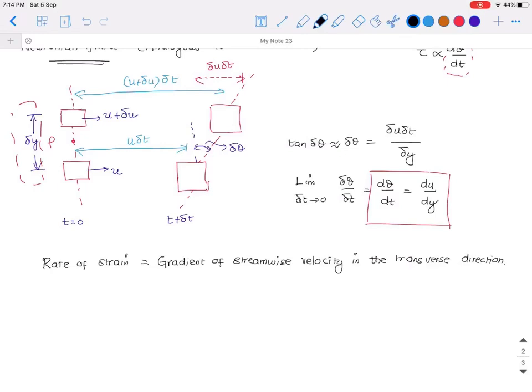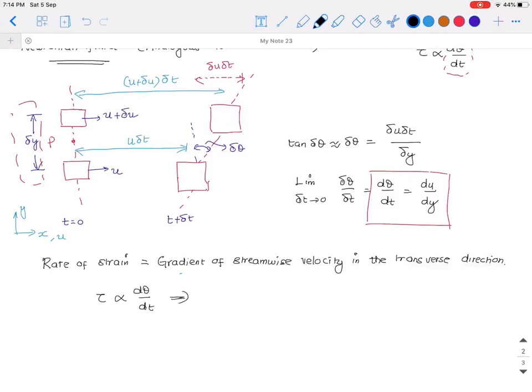I should have drawn the coordinate system in the beginning, but let's say this is x and y. The x component of velocity is u. Now we see that du by dy is the gradient of streamwise velocity, the velocity along x, in the transverse direction y. So we can write the stress-strain relation as tau proportional to d theta by dt.